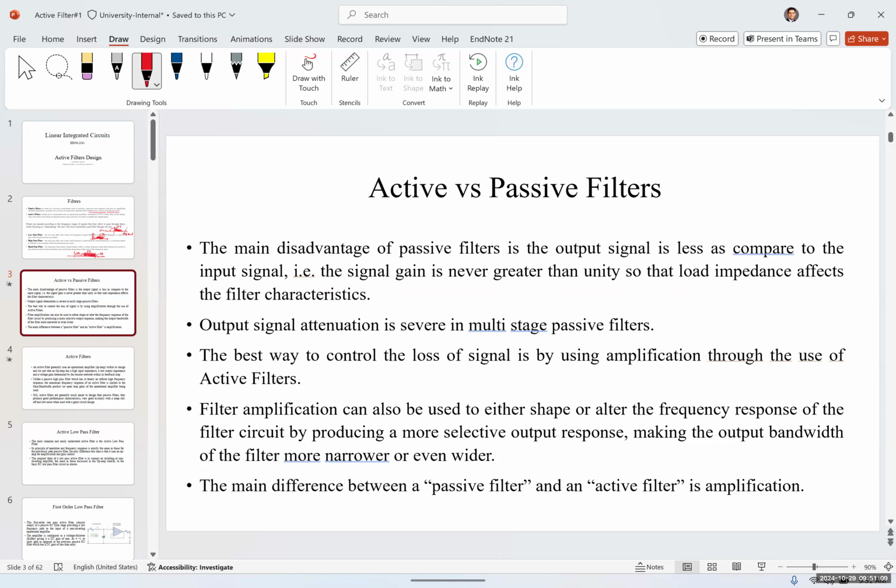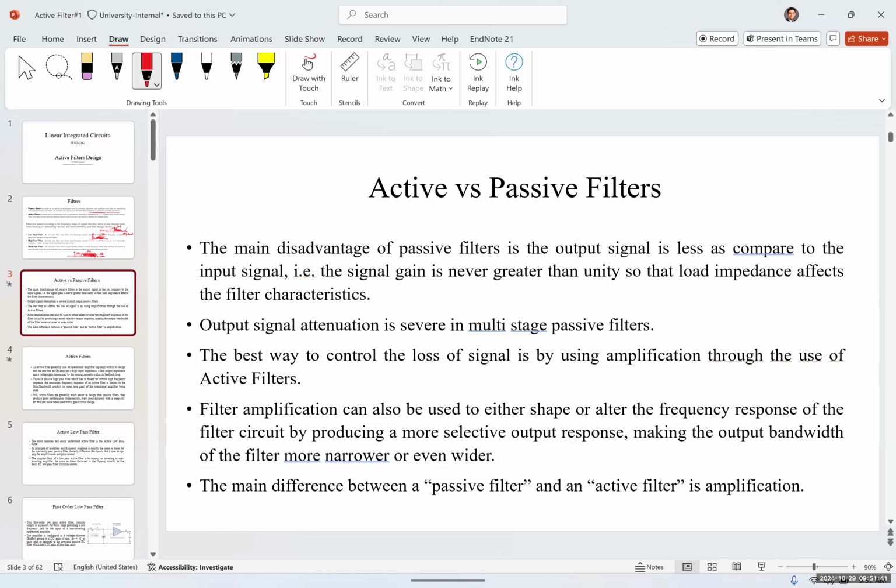The output signal attenuation is severe in multi-stage passive filters. The reason is that we don't have any amplifying element in the system. If we put multiple stages of filters, like if we add a low pass filter and a high pass filter to create a band pass filter, these two filters have at least one resistor. Each time the signal passes a resistor, the voltage, the amplitude, is going to drop.